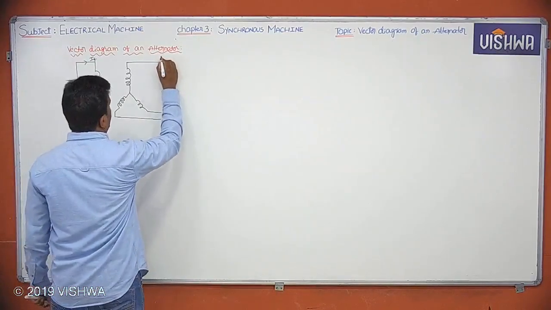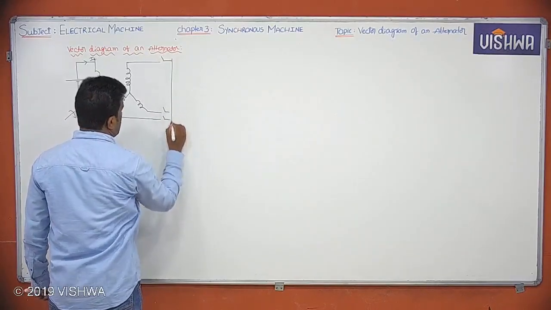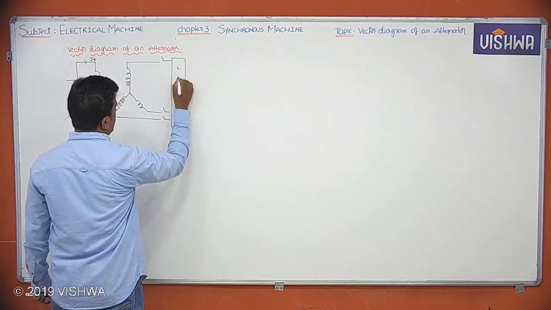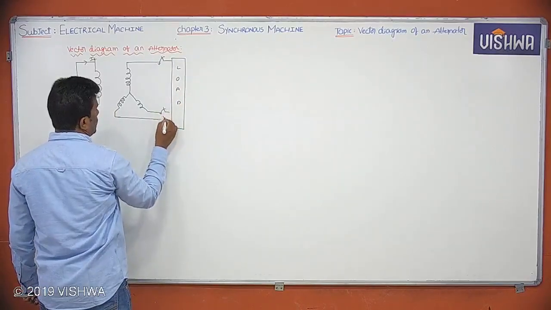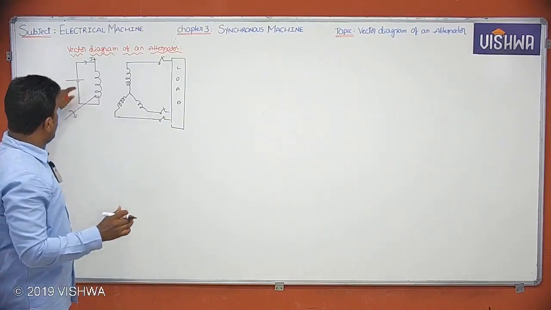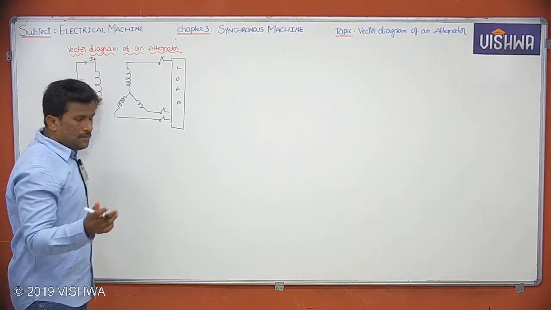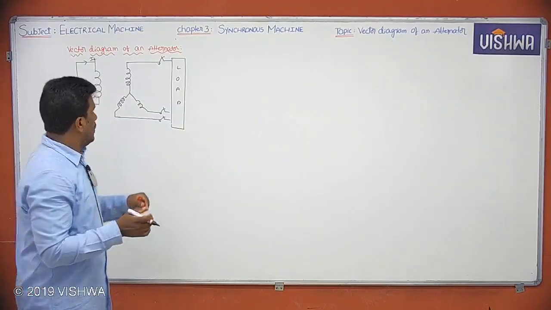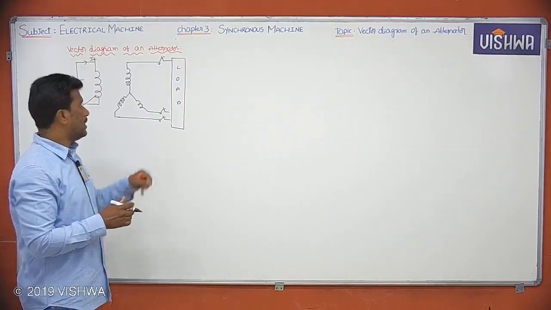Now let us see. Let me connect some load here. You close the switch. See guys, because of giving DC supply to the field winding, that means because of excitation, main flux will be produced, and rate of change of flux linkage will be there in the alternator.